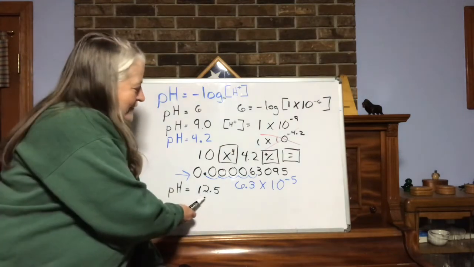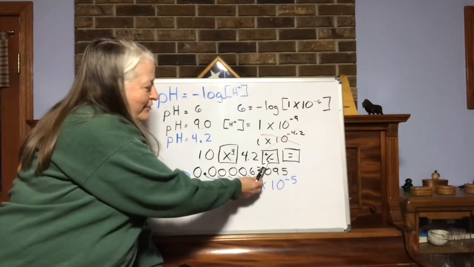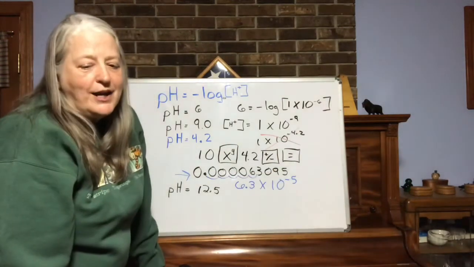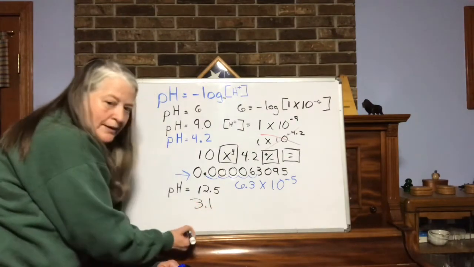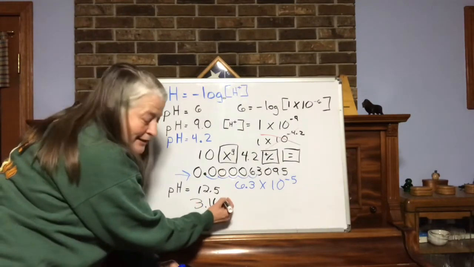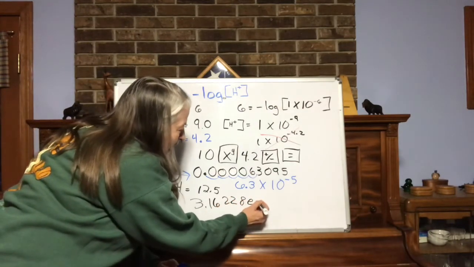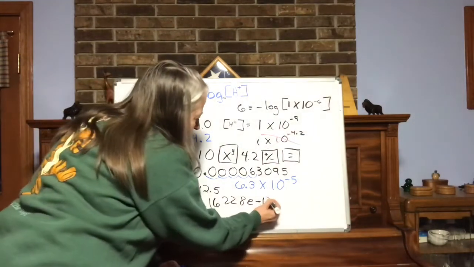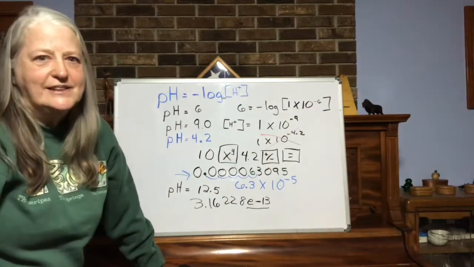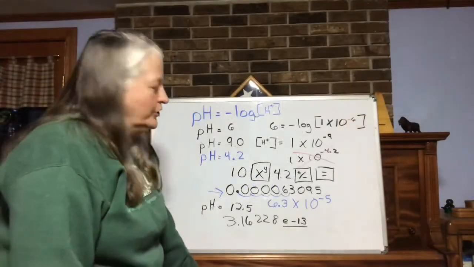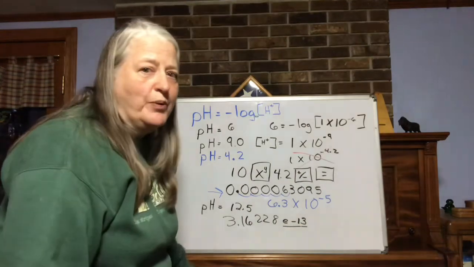We'll stick this in the same way: 10 x to the y, 12.5 negative equals, but the number that comes out of it is going to look like this: 3.16228 e minus 13. This right here is just telling you that they're putting it in scientific notation for you. So there we had e minus 13. That's going to be our exponent.